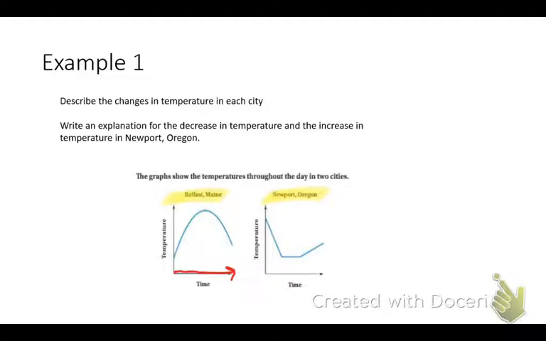The temperature, the y-axis, tells me how the temperature is changing throughout the day. So for Belfast, Maine, what happens to the temperature at the start of the day? What's happening? It's increasing, right? So that's what you would put into a statement.